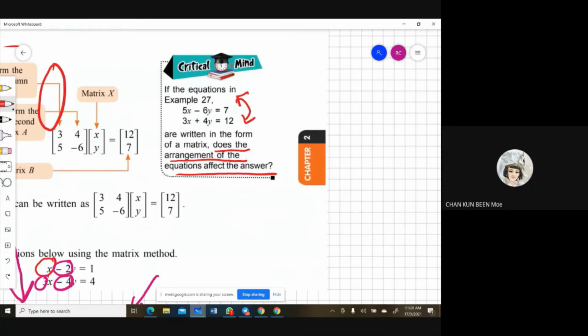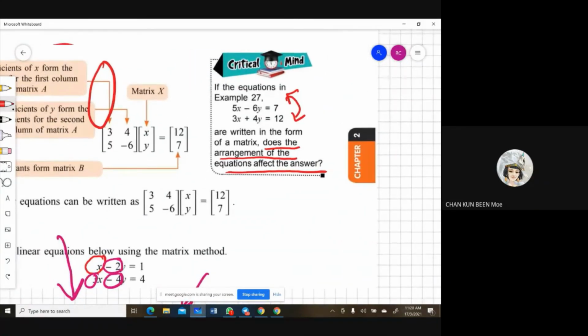It won't affect the answer. The answer will still be the same because you will arrange it according to the new matrix form. So it will be 5, 3, -6, 4 like this, and then still x and y equal to 7, 12.